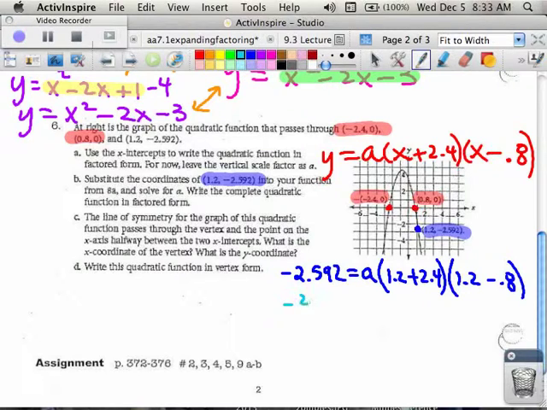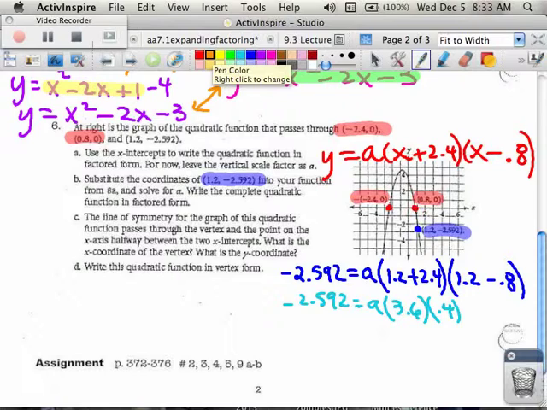So I have negative 2.592 equals A times 1.2 plus 2.4 is 3.6. And 1.2 minus 0.8 is 0.4. So all I've done is work with the stuff that was inside of those parentheses and added them together. Then I take those two numbers, the 3.6 and the 0.4, and I multiply them.